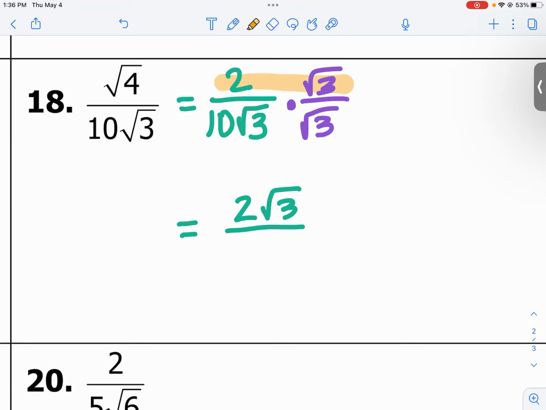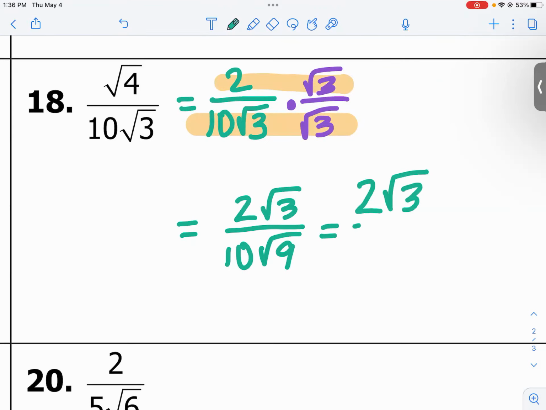In our denominator, we have 10 radical 3 times radical 3. So what, 10 radical 9? Okay, so our denominator becomes 10 times 3, because we know that radical 9 is 3.